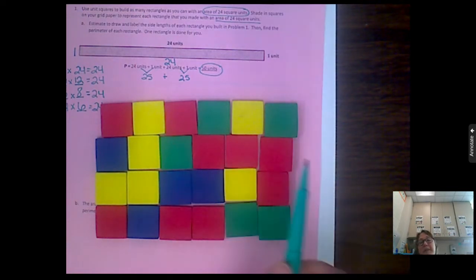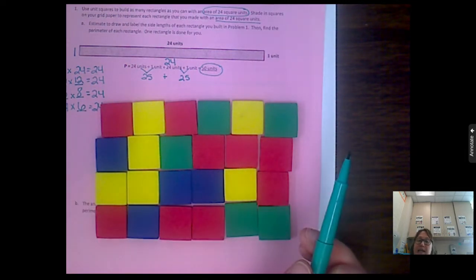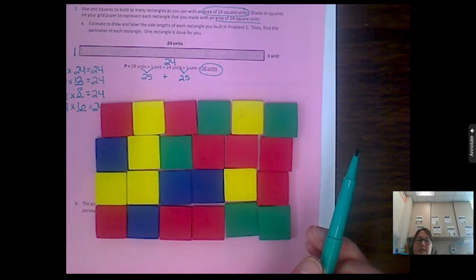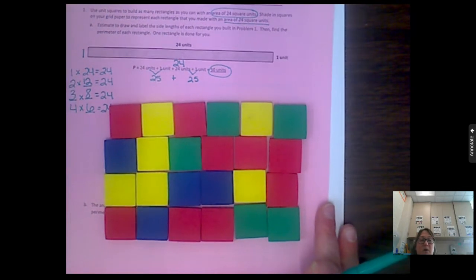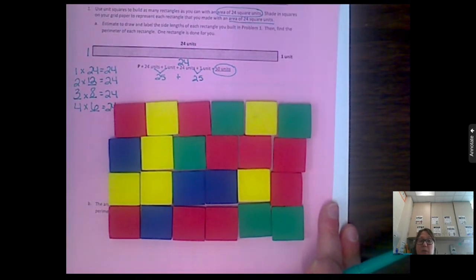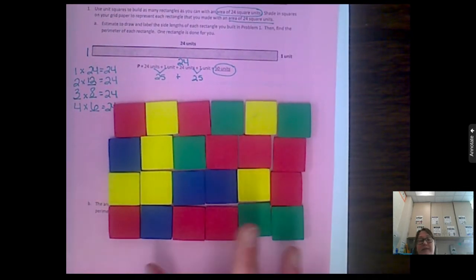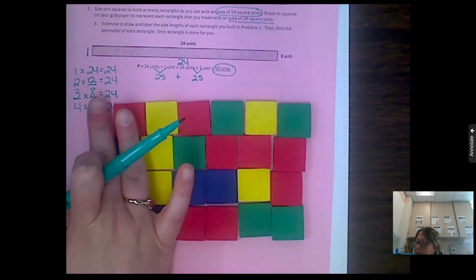So I said the top 6 plus 6 is 12. And then 4 plus 4 is 8. So 12 plus 8 would be 20. So the perimeter of this one would be 20 units, right? We'll work on that a little bit because we're going to transfer this information onto our centimeter grid paper, okay? But just to look at that.